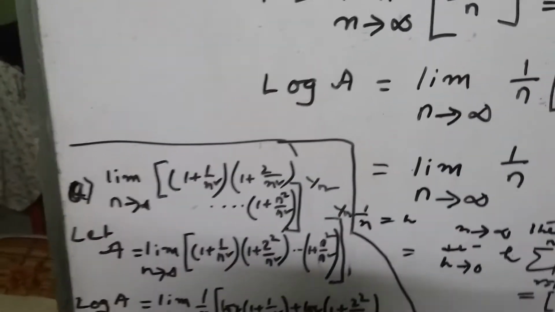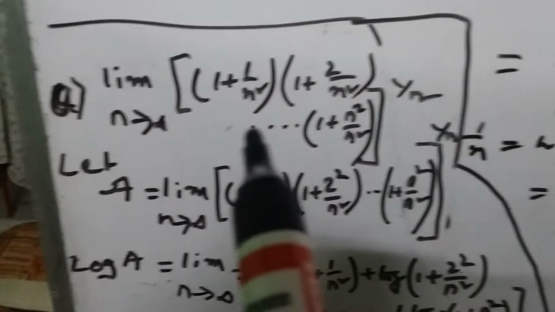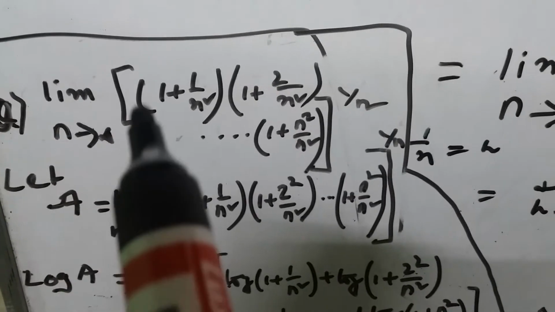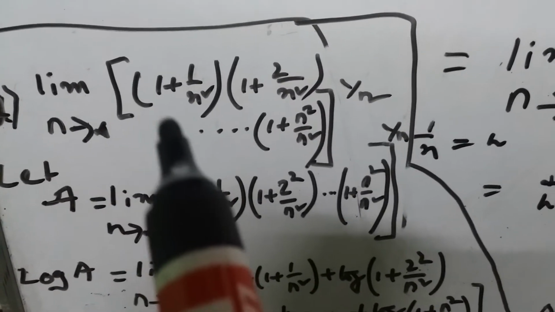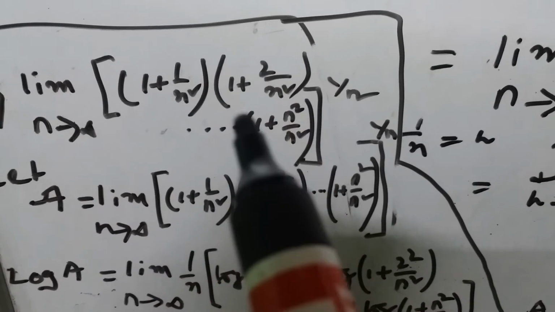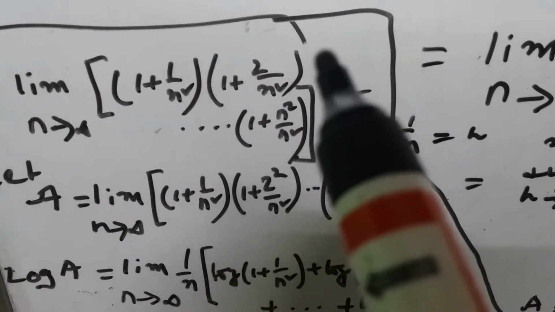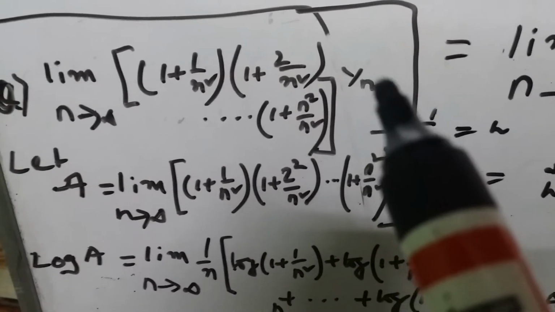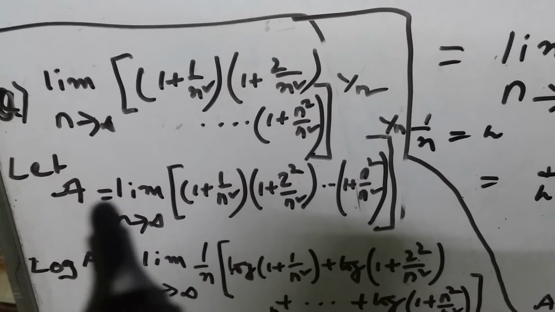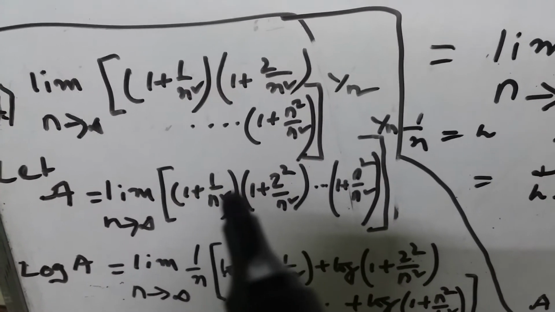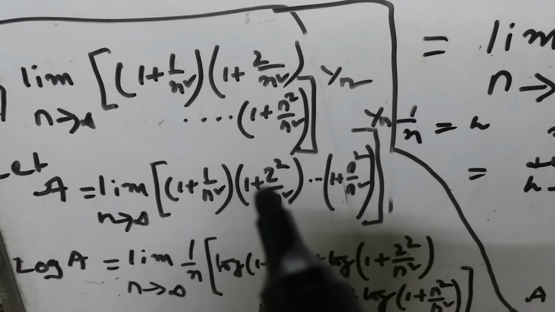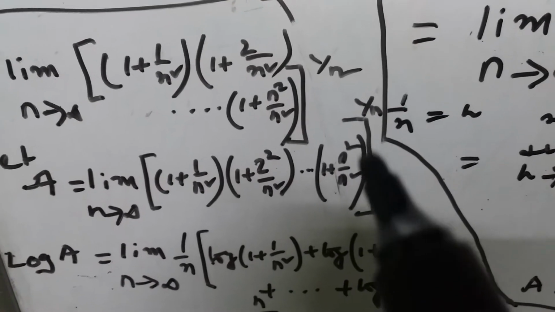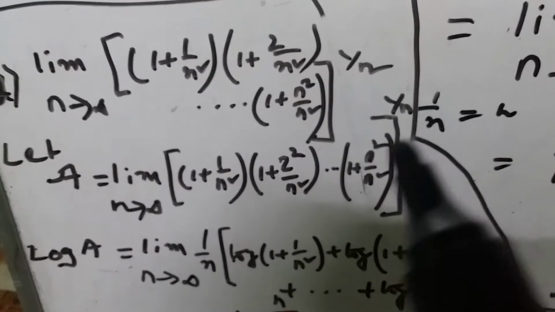Number 2. This is another important integration of this type. Question: limit as n tends to infinity of [(1 + 1/n^2)(1 + 2^2/n^2) ... (1 + n^2/n^2)]^(1/n). Then a equal to the limit of that expression.